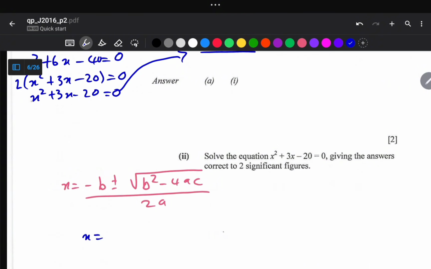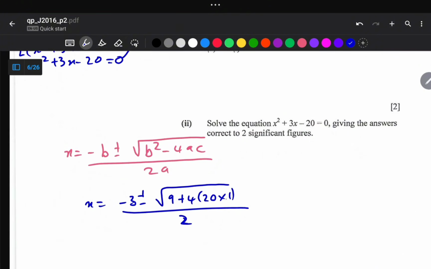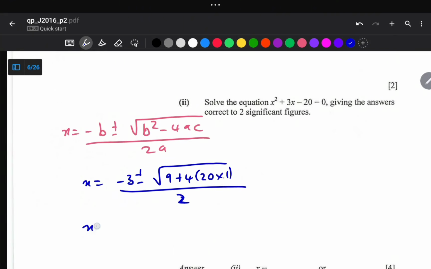So x is equal to minus 3 plus or minus square root of b squared, which is 3 squared, so it gives us 9, and our c is equal to negative 20. If we multiply negative 4 by negative 20, it gives us positive 4 by 20 by 1 for a, divided by 2, because 2 by 1 gives us 2. So x is equal to minus 3 plus or minus square root of 9 plus 4 by 20, which gives us 80, divided by 2.